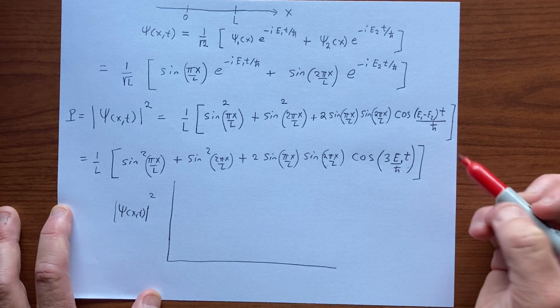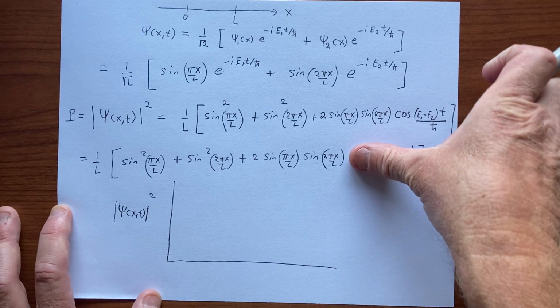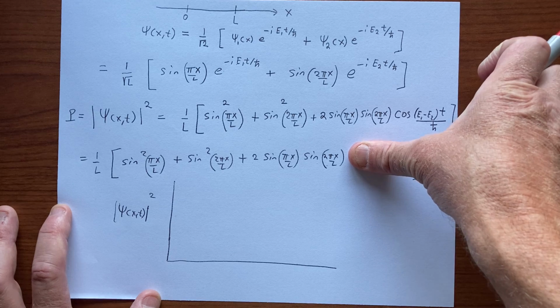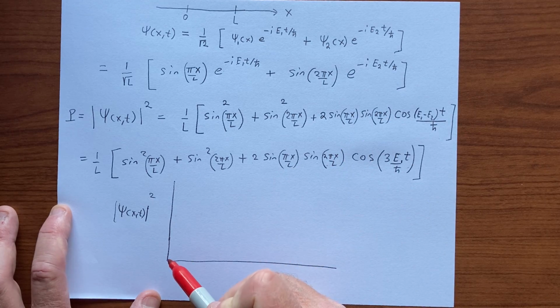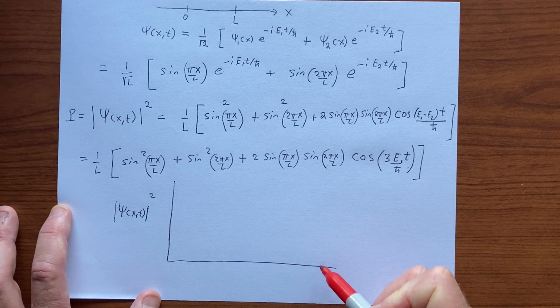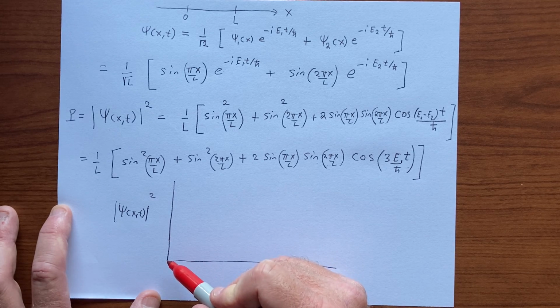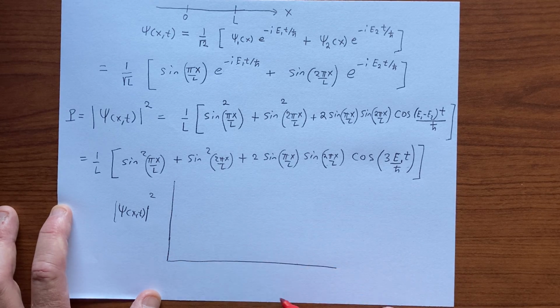So this second term is a combination of two terms, one that goes from 0 to L like that, and one that goes from 0 to L like that.